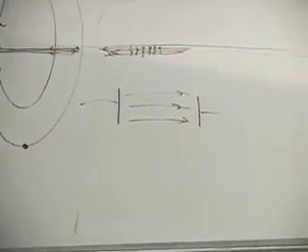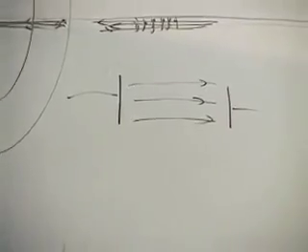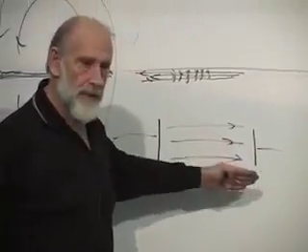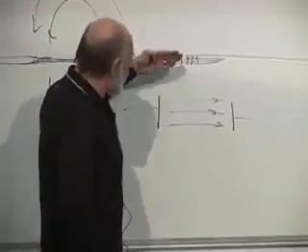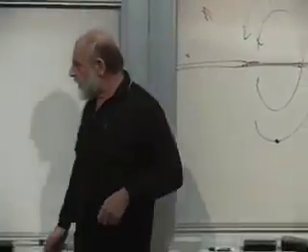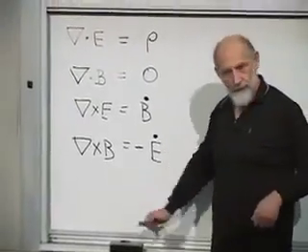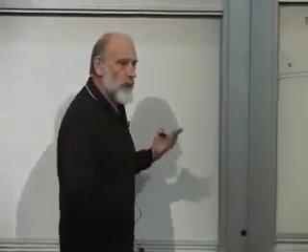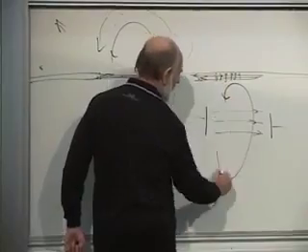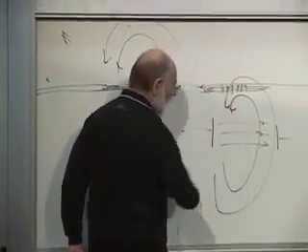Now, we can start with an uncharged capacitor and pump some electric charge into the capacitor plates. And so, in that way, ramp up the electric field. Ramping up the electric field must make a magnetic field. And in fact, the magnetic field has to wrap around something. It wraps around the direction of the electric field lines.